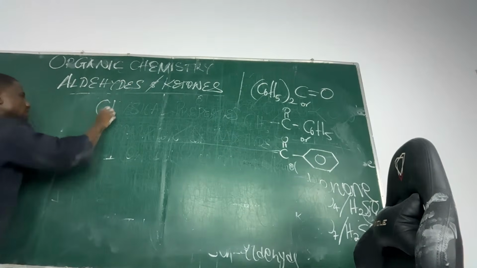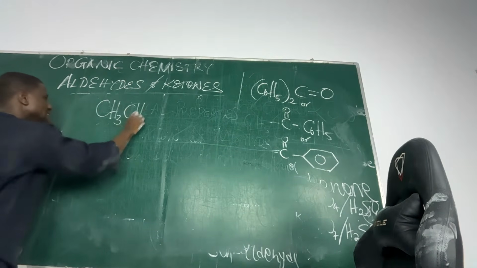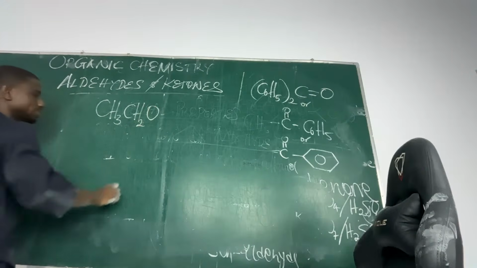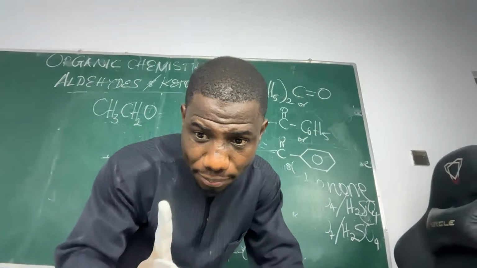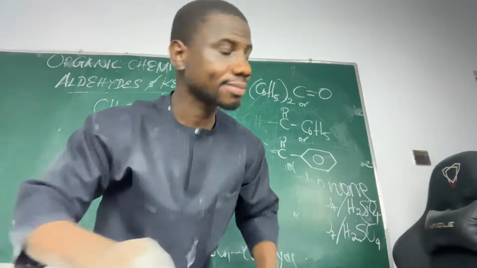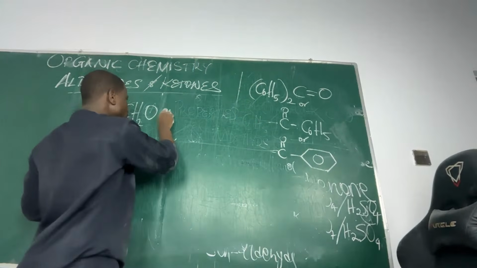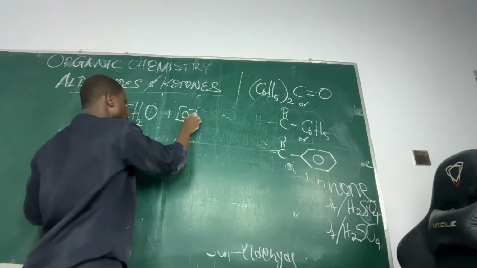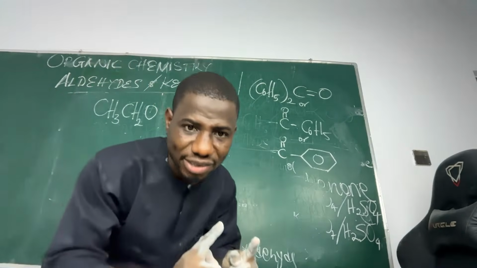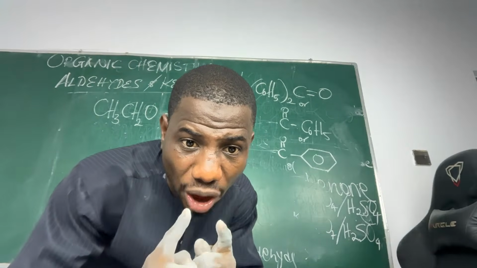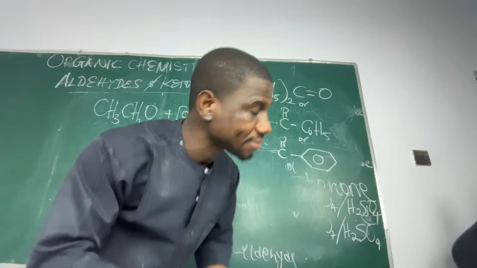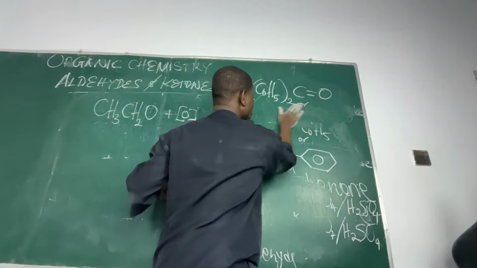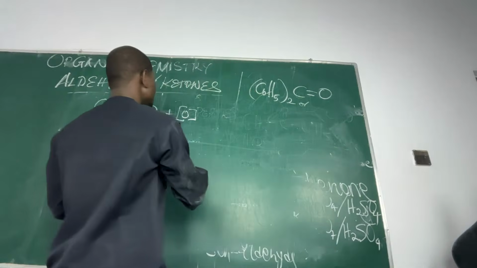This is ethanol, CH3CH2OH. I want to take the first example. During oxidation, we use this squared bracket holding the O to represent that this is about to undergo oxidation. Are you with me? Here we are using an oxidizing agent.